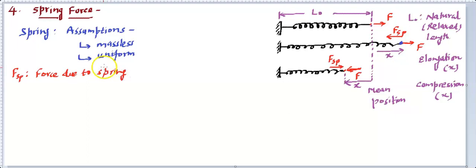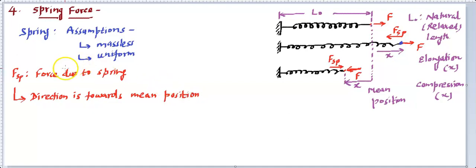That means it is on the object which is in contact with the spring, just like a block. This force acts towards the mean position, or you can write the direction is towards the mean position, whether it's compression or elongation, in all cases.